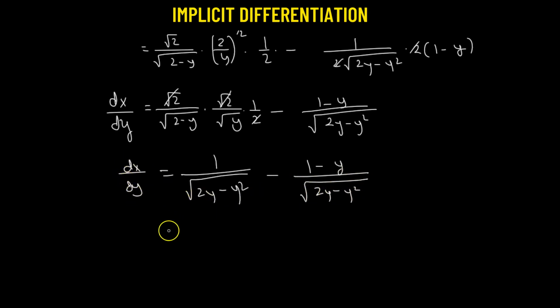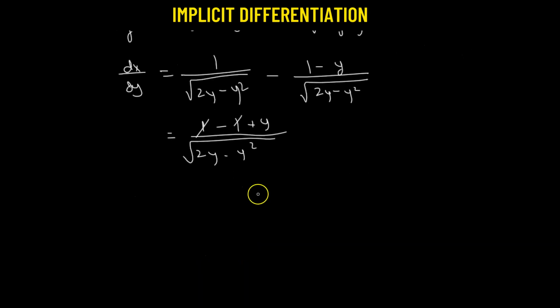Now since we have a common denominator, we can combine the two numerators to get 1 minus 1 plus y divided by square root of 2y minus y squared. The 1 and 1 get cancelled, and this leaves us with the derivative of x with respect to y equal to y divided by square root of 2y minus y squared.